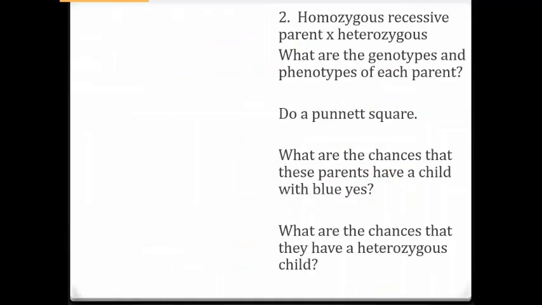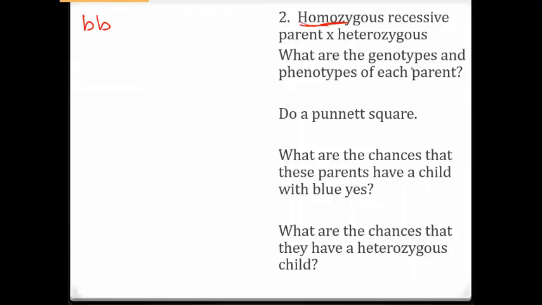Now this one we're gonna get started together here. Homozygous recessive. So go back to our vocabulary. You may have to flip a page in your notes. Homozygous means same. So the letters have to be identical, and recessive means the lowercase letter. So the genotype of your parent here is going to be little b, little b for the homozygous recessive.